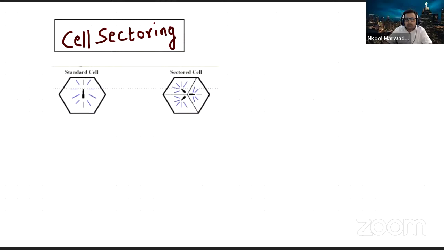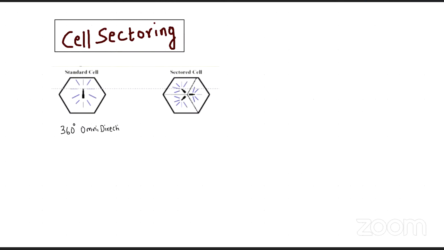So I can write: 360-degree omnidirectional antenna in a standard cell. Omnidirectional means all directions.